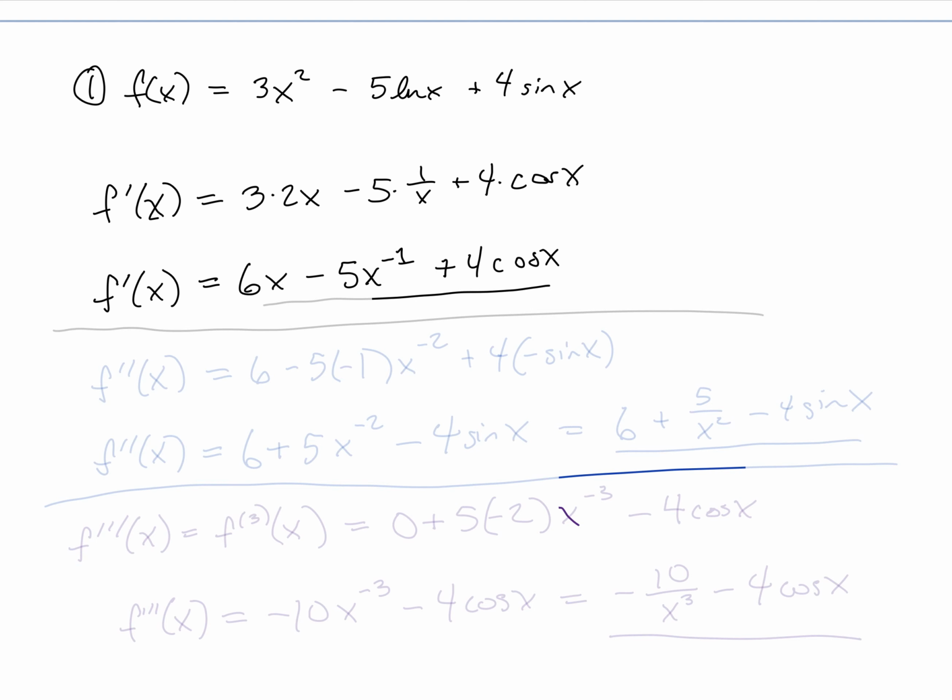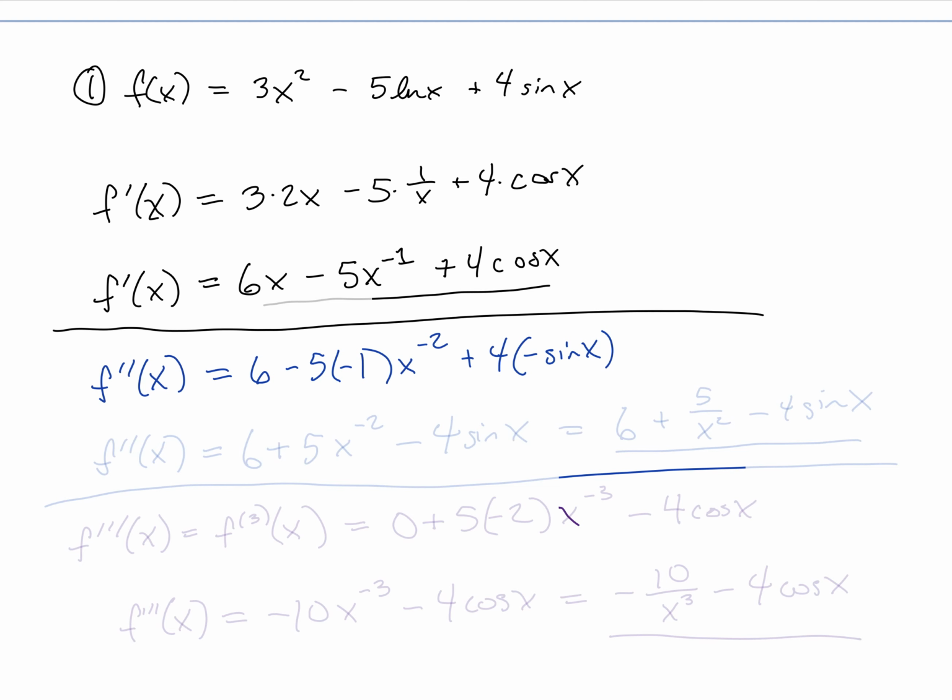All right, now let's take the second derivative. So our second derivative, f double prime of x, is equal to the derivative of 6x, which is just 6, minus 5 times, now using the power rule, negative 1, bringing that exponent down, x to the negative 1 minus 1, which is negative 2, plus 4 times the derivative of cosine x, which is negative sine of x.